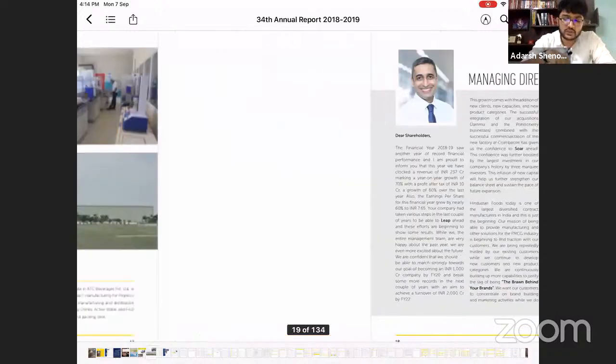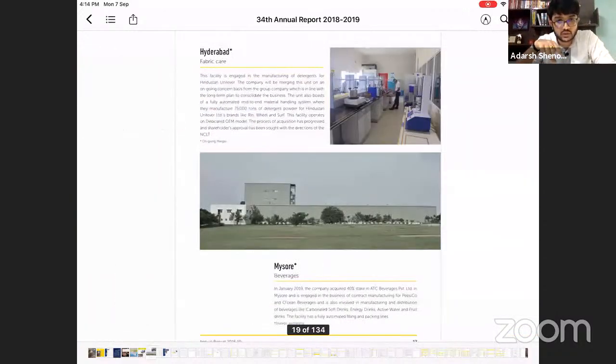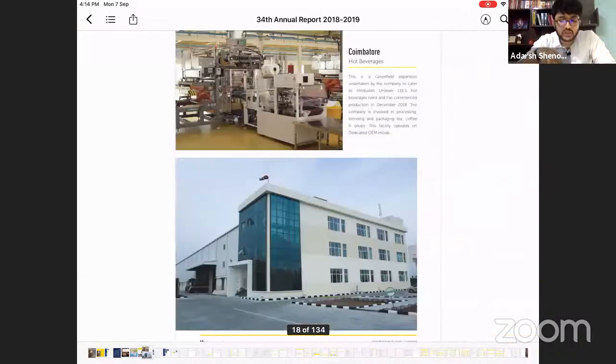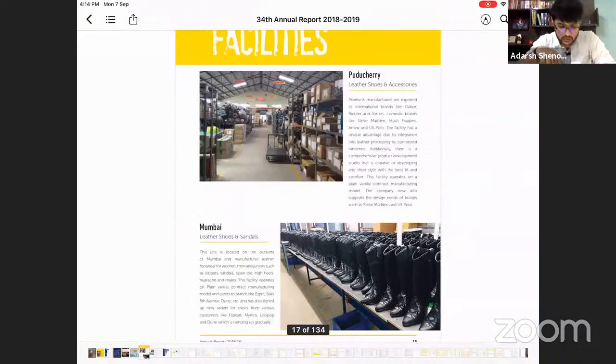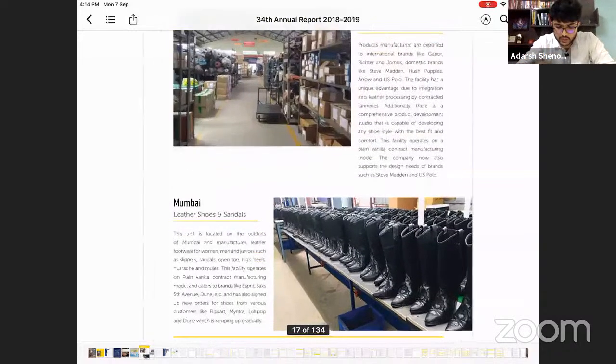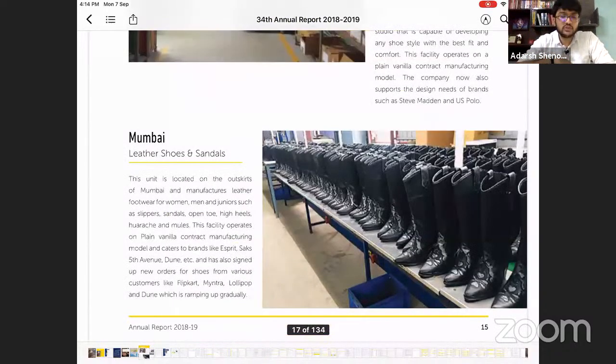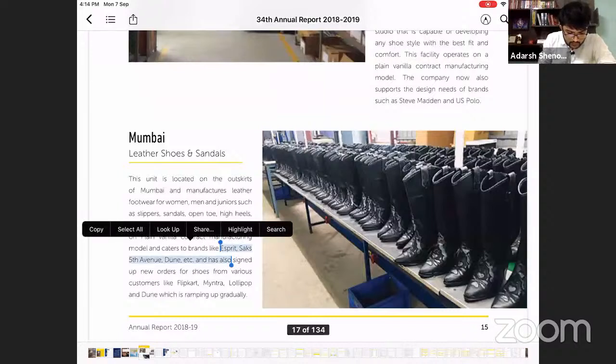This Hindustan Foods Limited is a manufacturing agent. What they do is they take raw materials required for whatever is the end product. For example, they have a factory in Mumbai where they produce leather shoes and sandals. They have brands like E-Spirit, Saks Fifth Avenue, Dune.